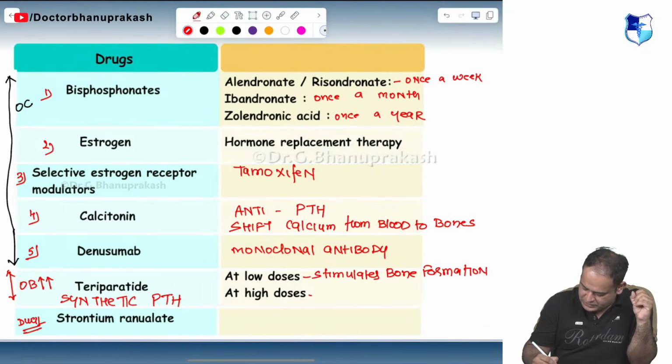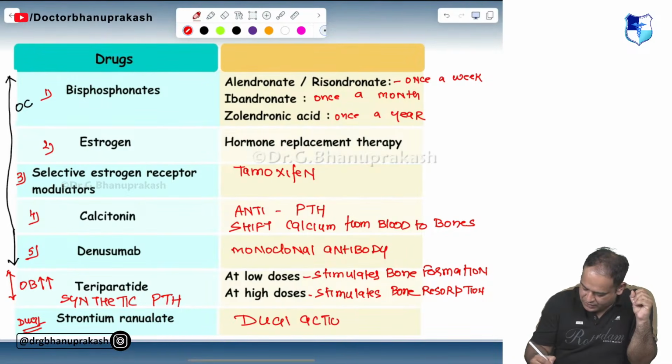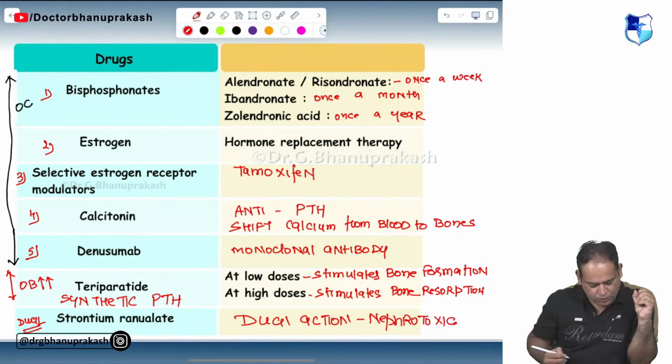At high doses, it does the opposite. It stimulates bone resorption. Strontium ranelate is a dual action drug, but it is still not used because it is nephrotoxic.